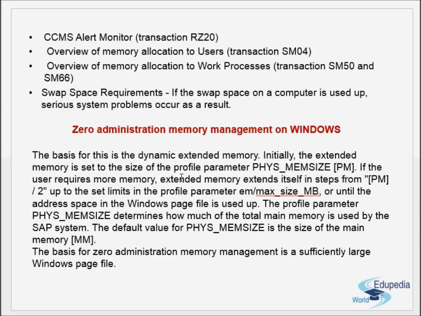It uses the operating system page file to get more memory. So it can keep on extending itself until the page file is used up, or we can set a profile parameter, em/max_size_MB. So we can stop it from extending too much by using the profile parameter. So this is the concept of Zero Administration Memory Management on Windows.